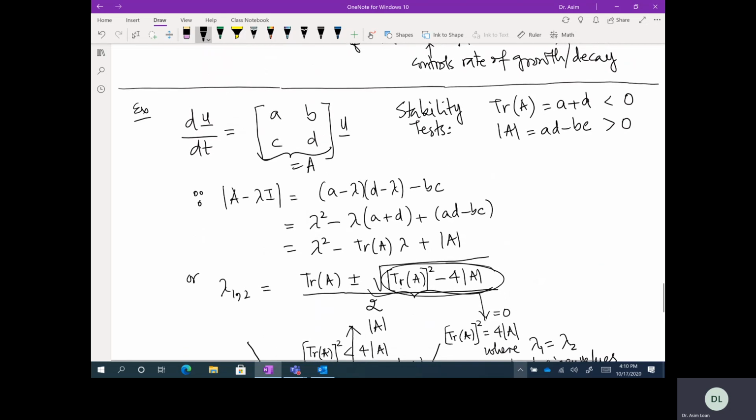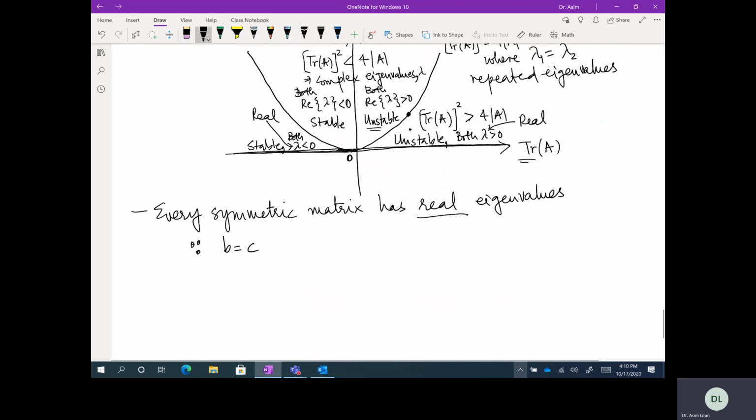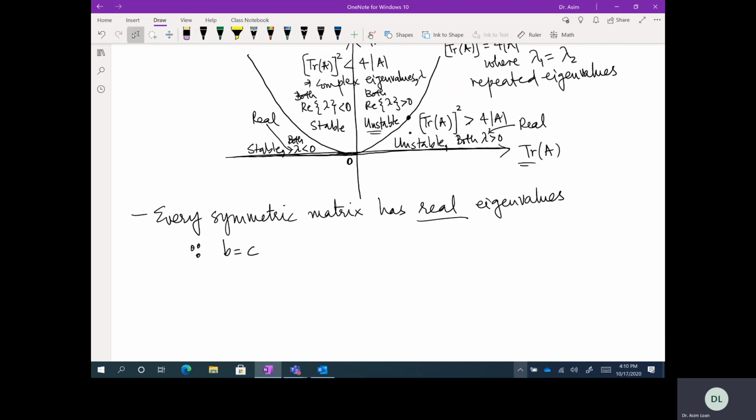So if I expand this, trace of A squared minus 4 times the determinant: trace of A is (a plus d), whole squared, minus 4 times the determinant, which is 4 times (ad minus b times c). But since b is equal to c, I will replace this by b squared.